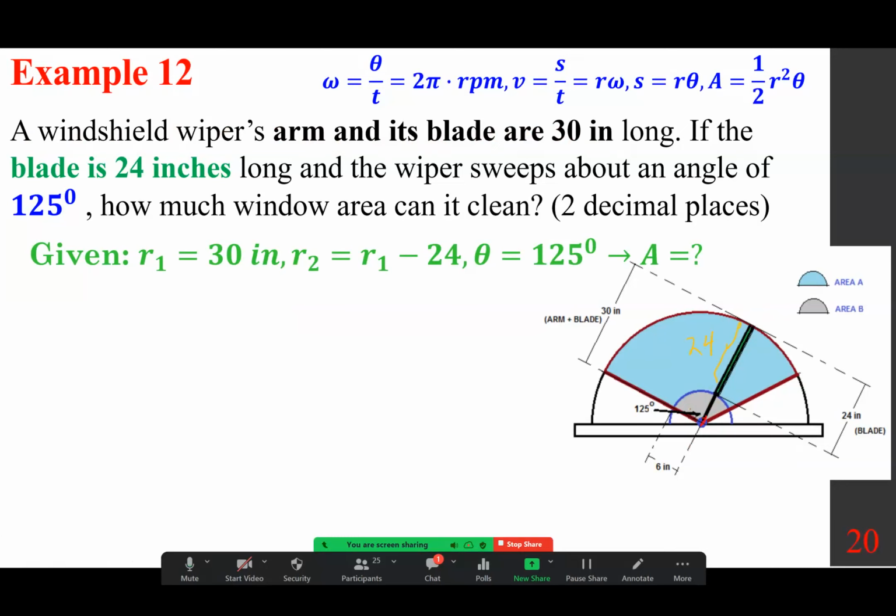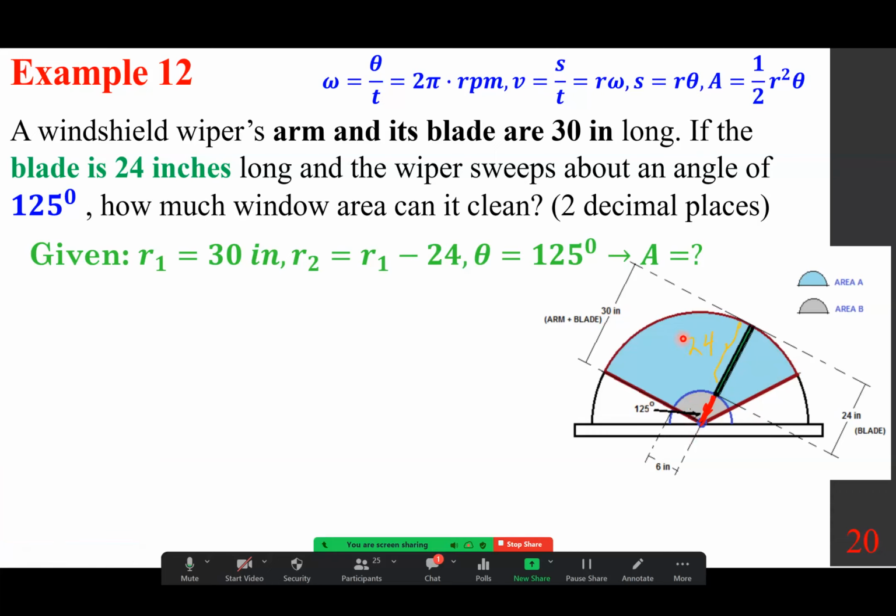And this part is 30 minus 24, or in this case, 6 inches. Theta is 125 degrees. So we calculate the total area.